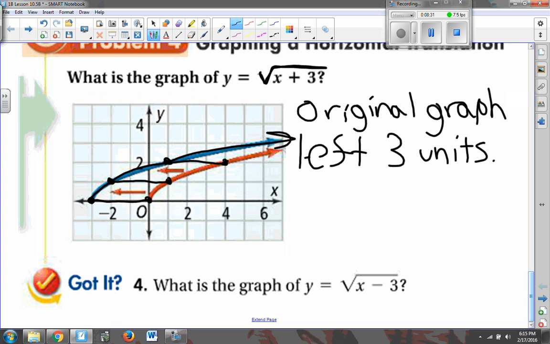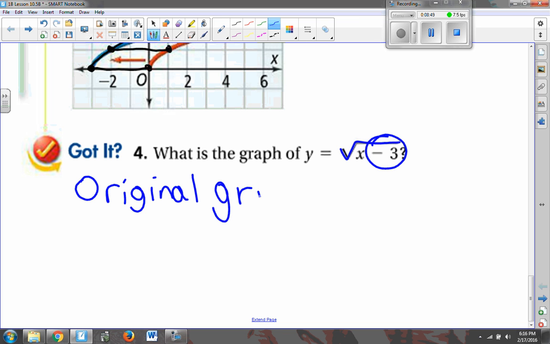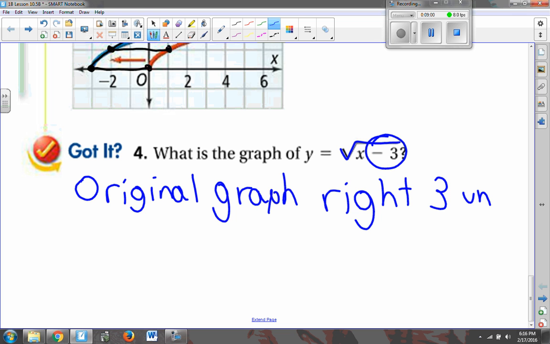Now, if I were to ask you, what is the graph of y equals the square root of x minus 3? Again, please notice that the minus 3 is underneath the square root. And because it is a minus, I know that minus 3 is moving my original graph right. So minus is right 3 units.